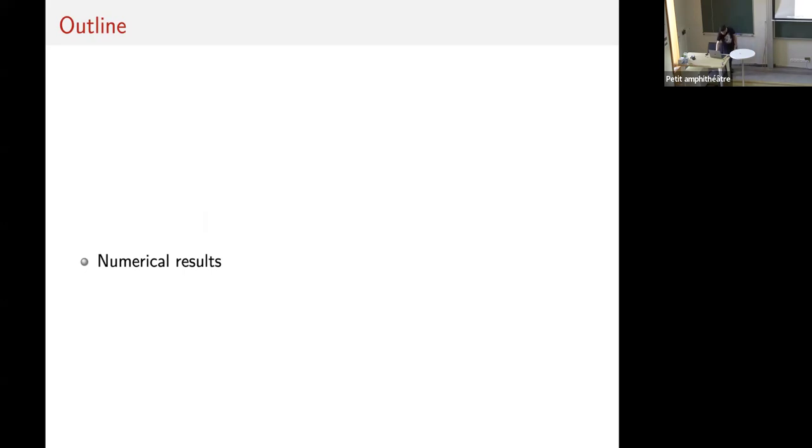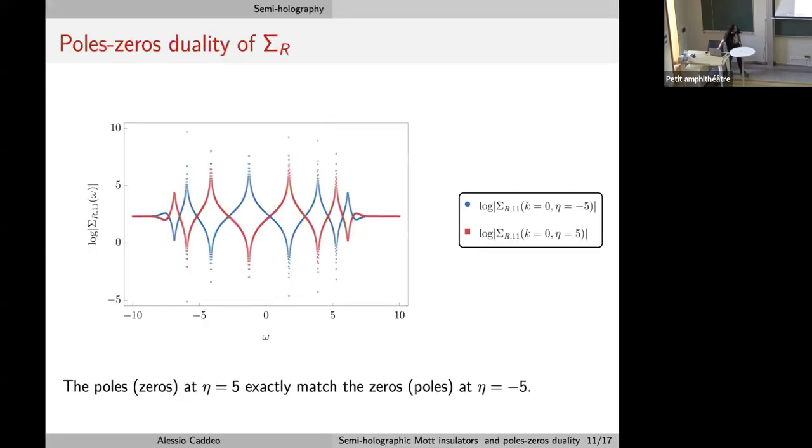And okay, so I want to conclude by showing some numerical results. From the numerical point of view this is a trivial result, because this is the pole-zero duality of the self-energy, which we showed exactly analytically, so we don't need to check it numerically.